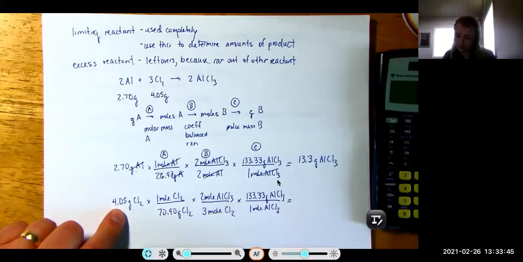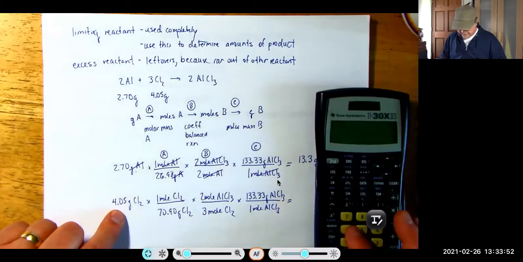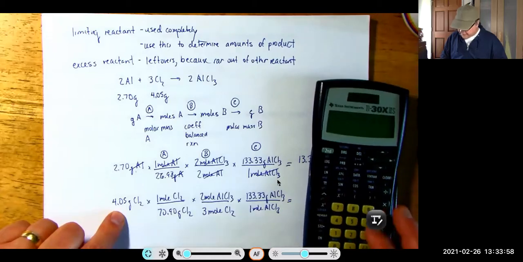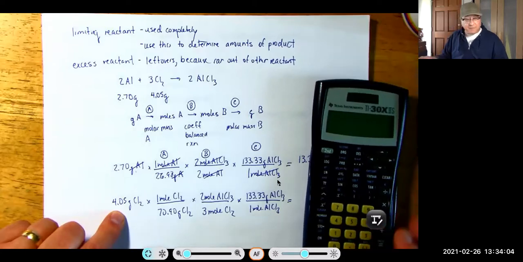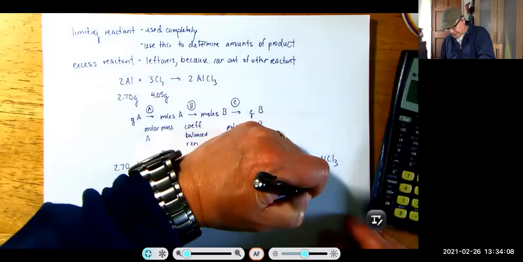But in that range, 6-ish, maybe a little less. So let's see what we get. 4.05 times 2 times 133.33 divided by 70.90 divided by 3, and we get 5.07. 5.08 actually.